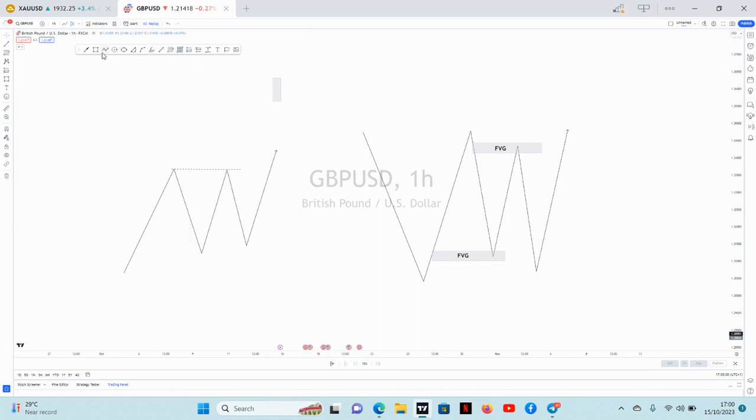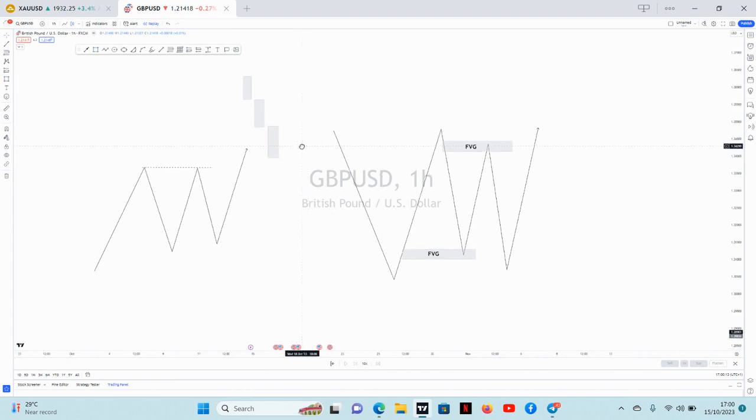Let me explain what I mean with charts. So we all know this is what a fair value gap looks like. And then these two we have wicks, something like this.